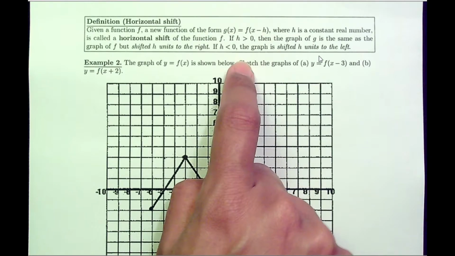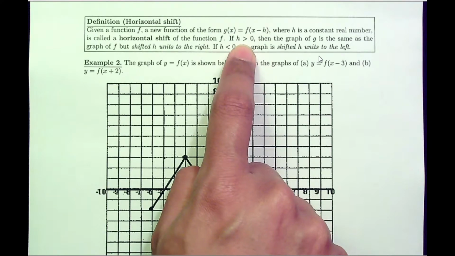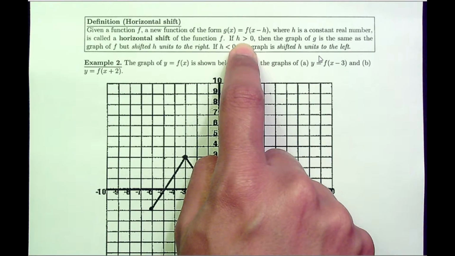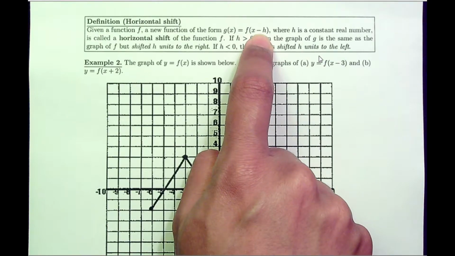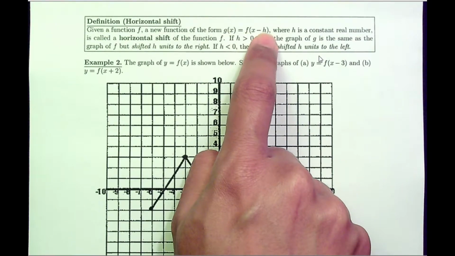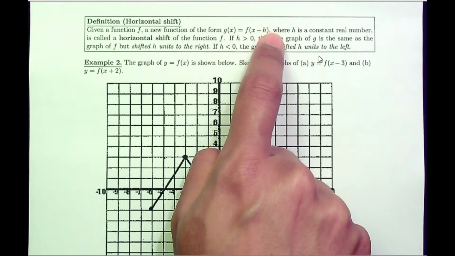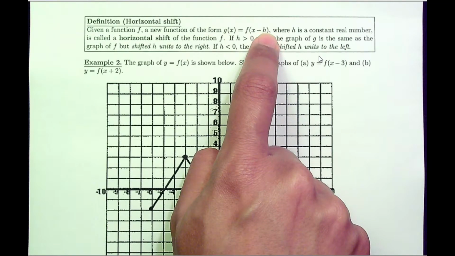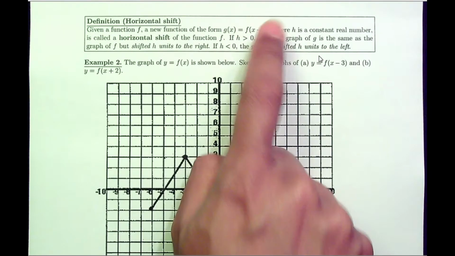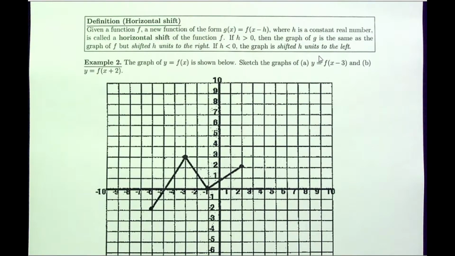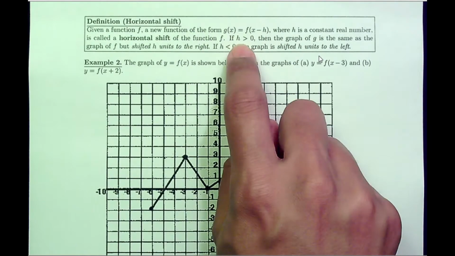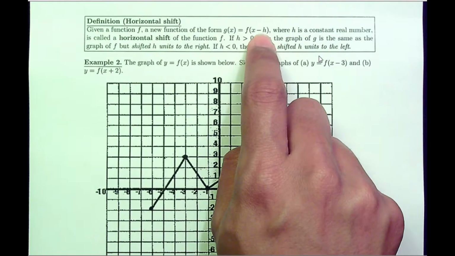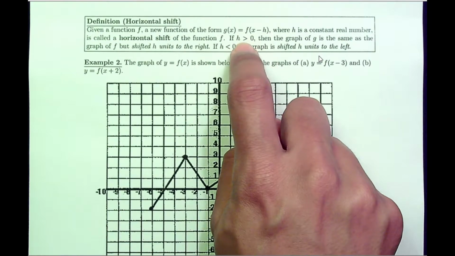Okay, so if h is positive, combined with this minus, the whole thing is going to be minus, then the graph moves right. That is a little bit weird, because I'm saying if h is positive and you combine it with this minus in there, you get a negative.